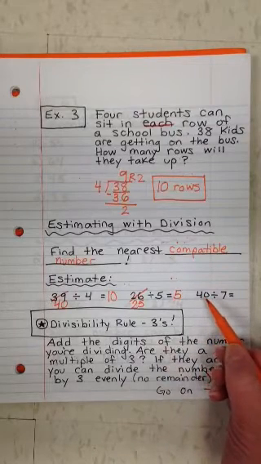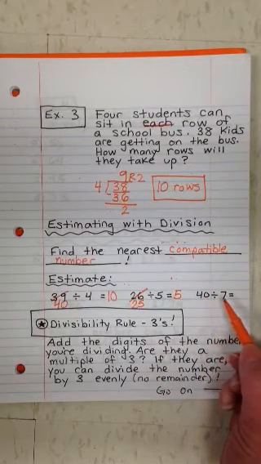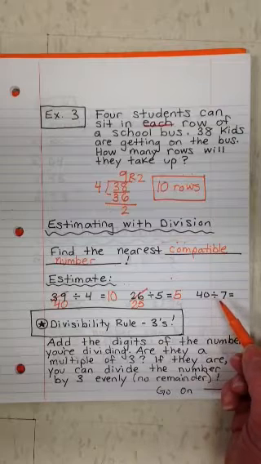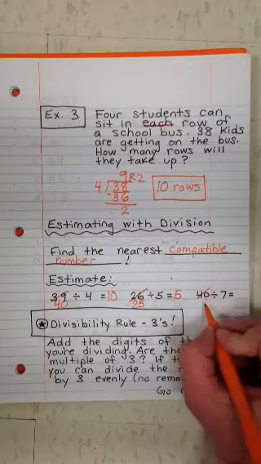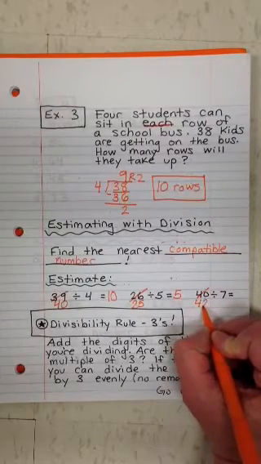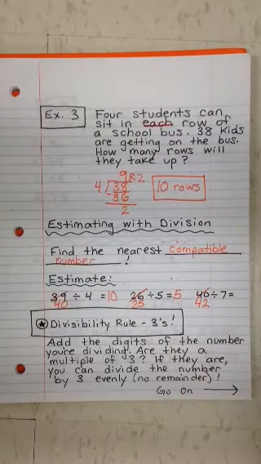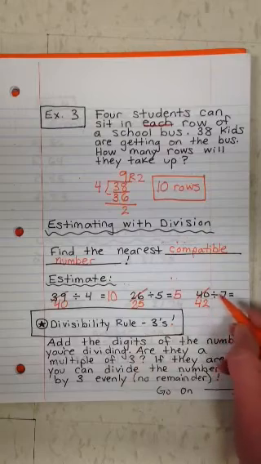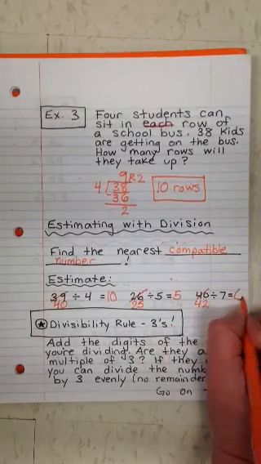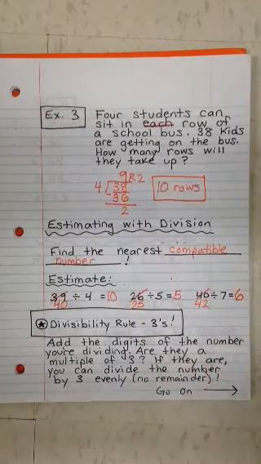Now what's the closest I can get to 40 when I'm counting by 7s? 42 is the closest I can get. And 42 divided by 7 gives me the answer, 6.